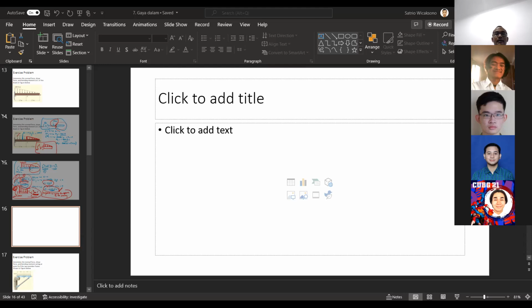Lalu yang nomor 3 kalian diminta untuk mencari gaya normal dalam, gaya geser dalam, momen dalam di titik F dan juga di titik H. Lalu yang terakhir kalian diminta untuk mencari gaya normal dalam, gaya geser dalam, dan juga momen dalam di titik D dan E.